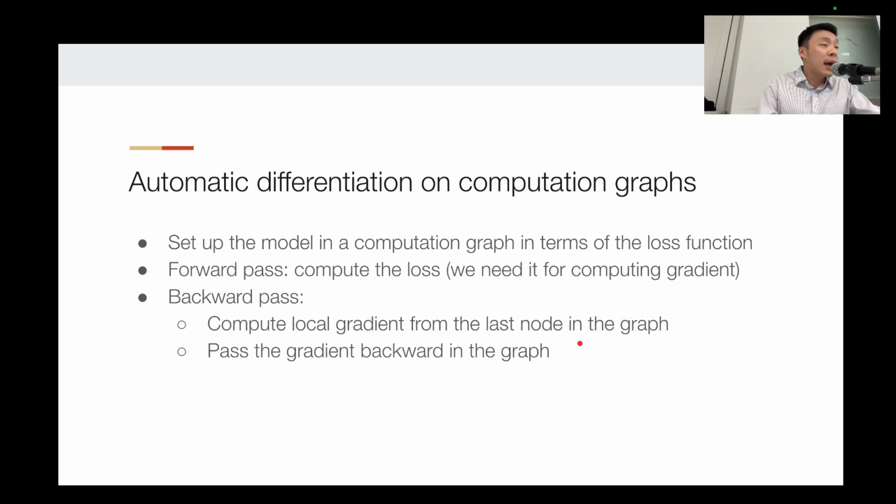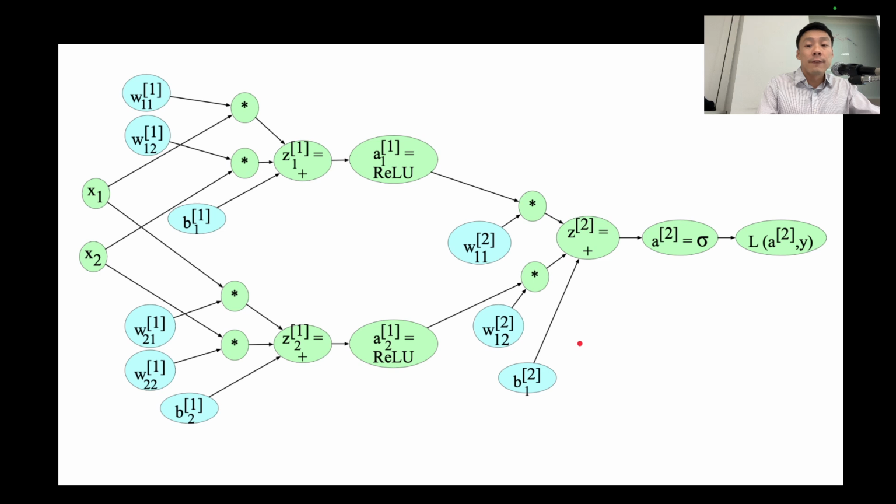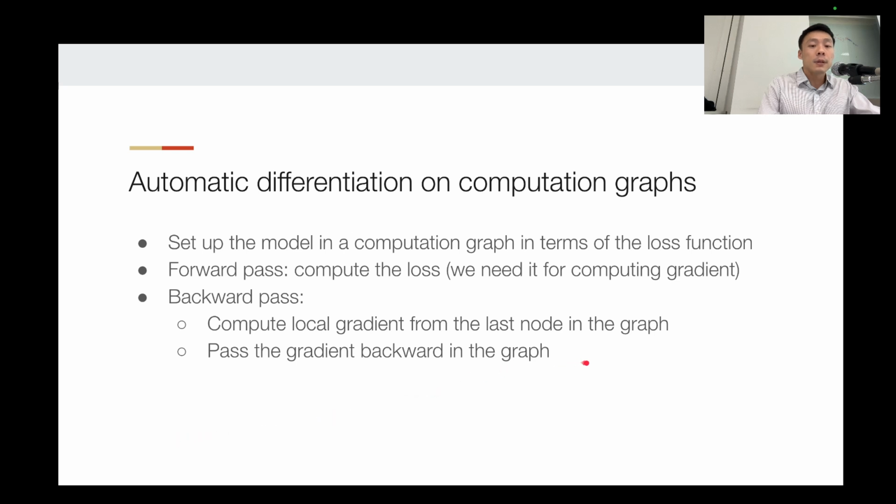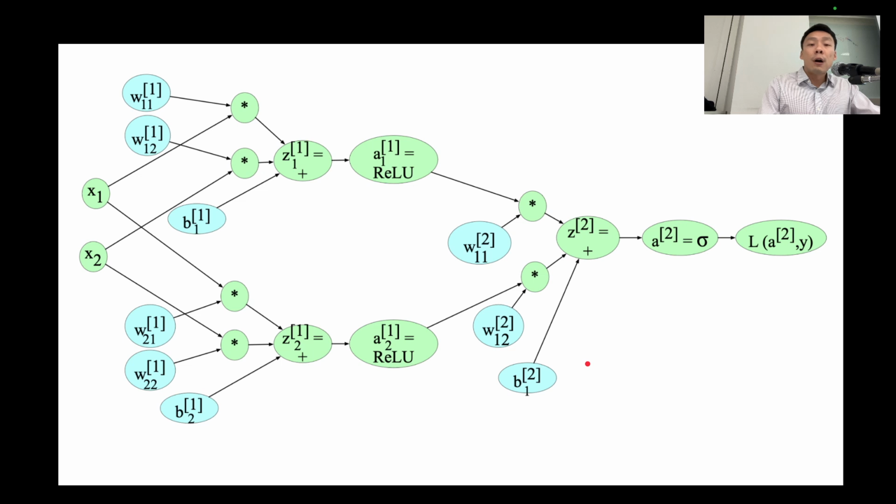In the backward pass, you compute the gradient from the last node in the graph to the previous nodes in the graph. That is also why, when you want to compute the gradient for all these guys, you have to keep the values in the intermediate nodes. You have to keep these values around. You cannot throw them away.